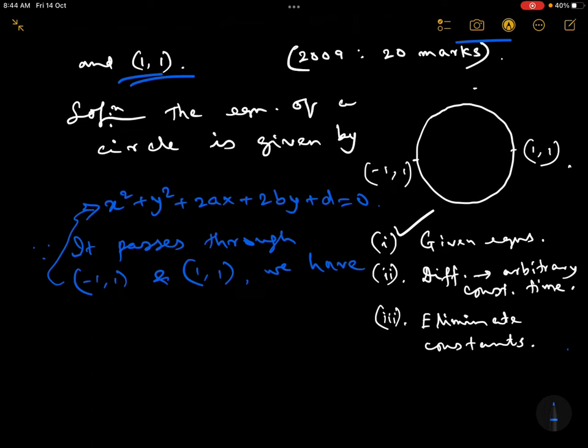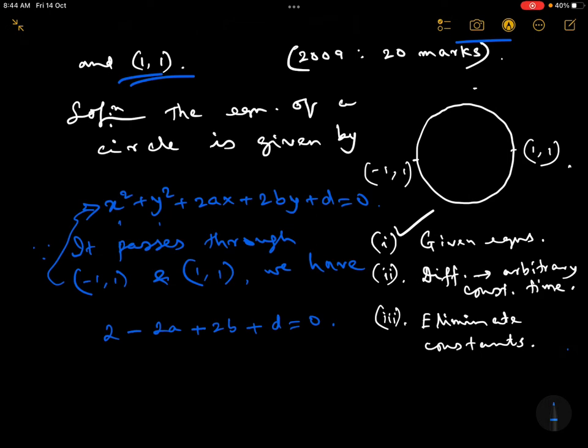All right, so this would be -1 square is of course 1, and 1 plus 1 would give 2, and this would become minus 2a plus this 1 is y is 1, so 2b plus d remains the same, equals 0.